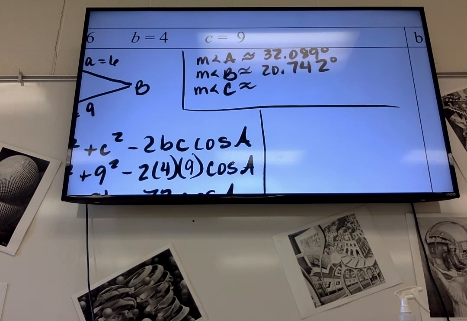And now that we have two of the angles, we can subtract those added together from 180. We got 127.169.